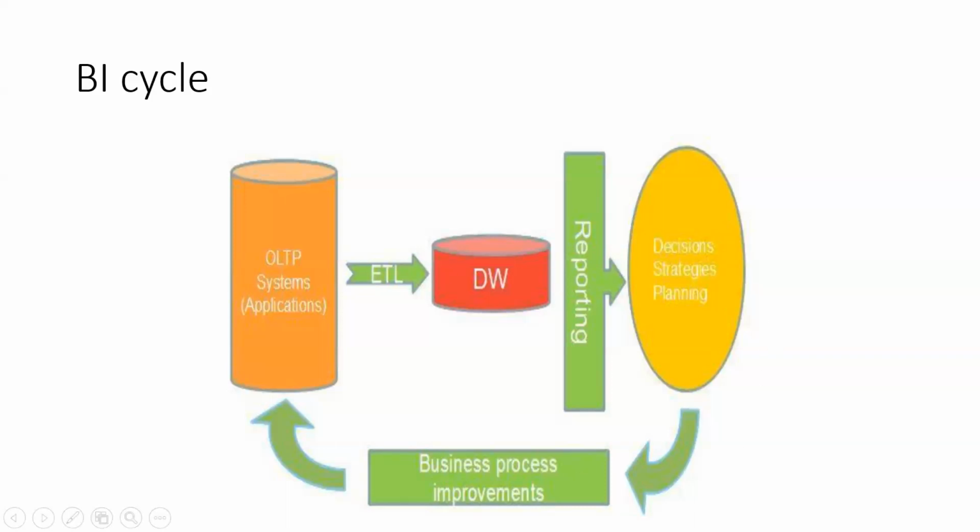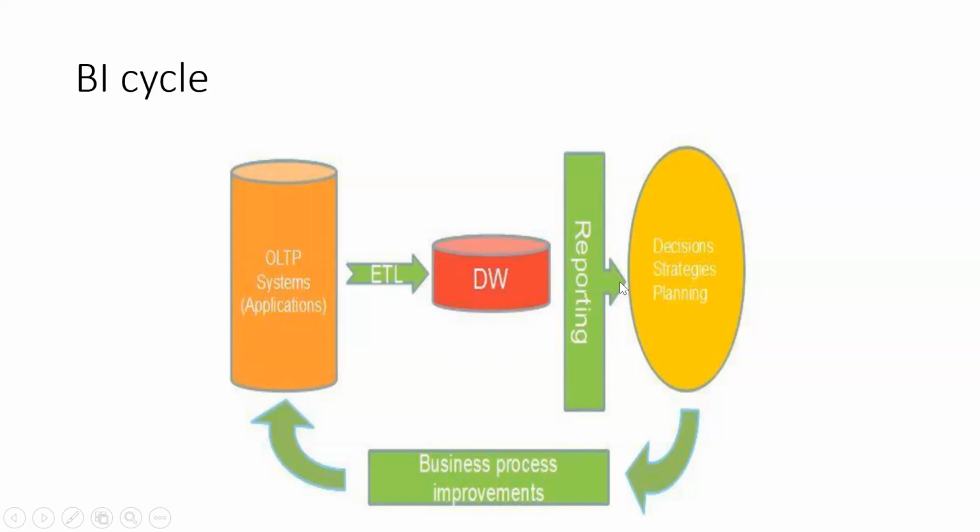So every day, on a daily basis, we are receiving the source systems data over here. The ETLs are running. The data are getting transferred over here with proper cleansing and transforming operations. Then based on some reporting tool, we are creating the charts, graphs, and everything.